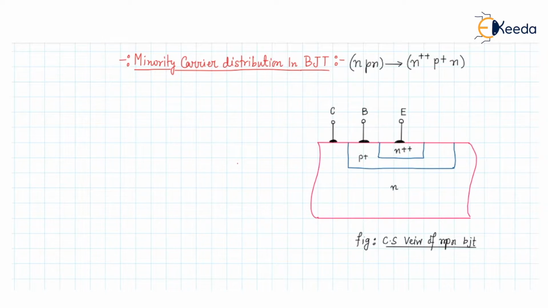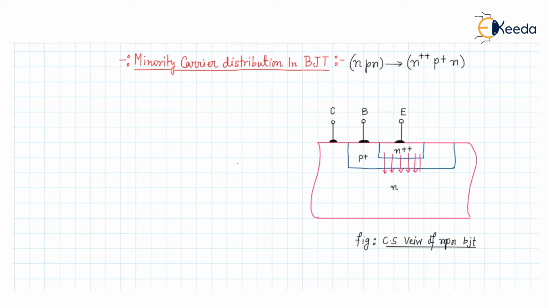So this is the cross-sectional view of the NPN transistor, and we know that electrons will flow from the N plus plus region towards the collector region in this fashion.